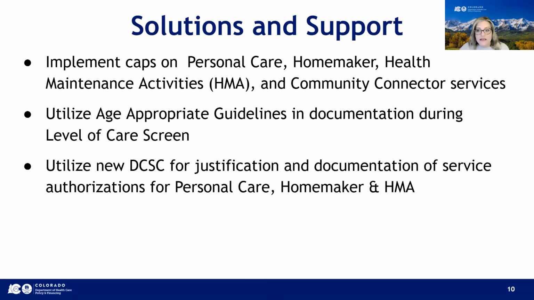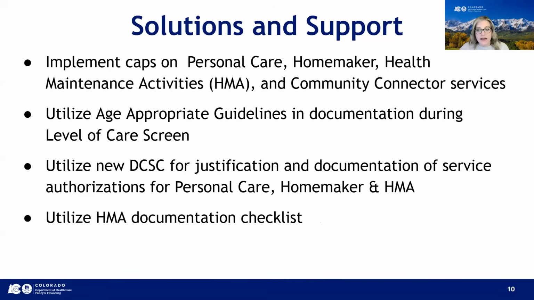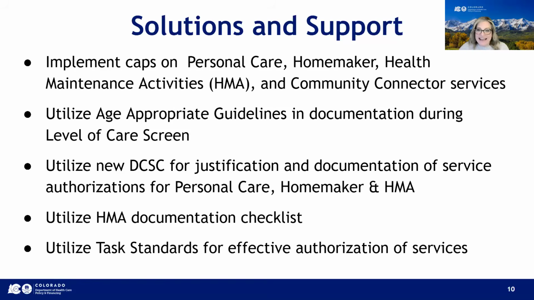They'll be utilizing the new direct care service calculator for justification and documentation of service authorizations for personal care, homemaker, and HMA. You'll utilize the HMA documentation checklist, guidelines and checklist for members, and the case managers will utilize the task standards for effective authorization of services.